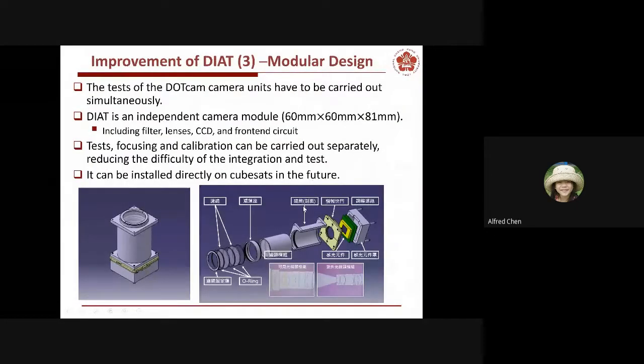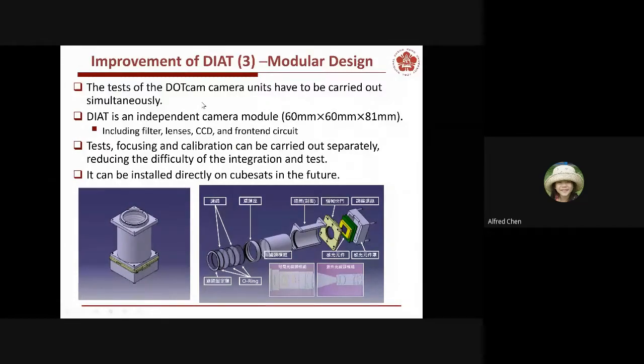The other thing is the modular design. The test of the DIAT unit has to be carried out simultaneously, because we have 2 cameras in a box. But the DIAT is an independent camera module. You can see here, this is an independent camera module, including filter, lens, CCD, and the shutters.